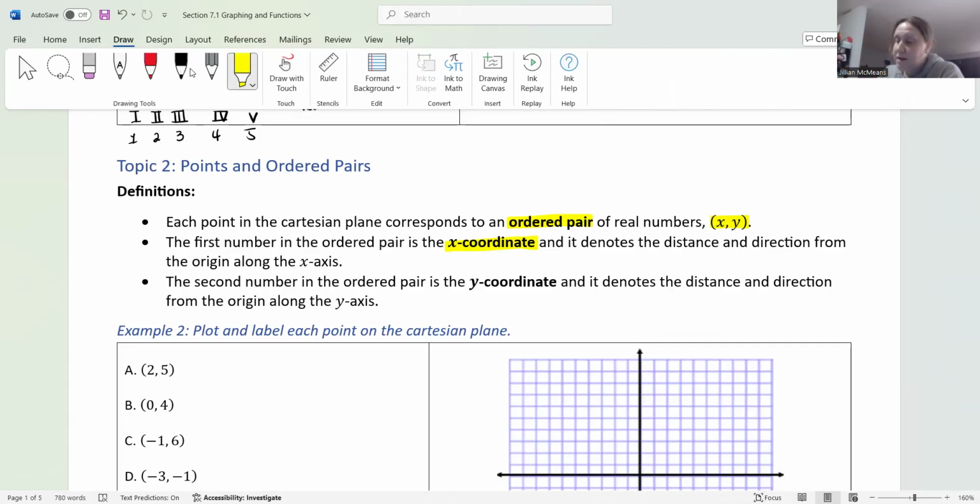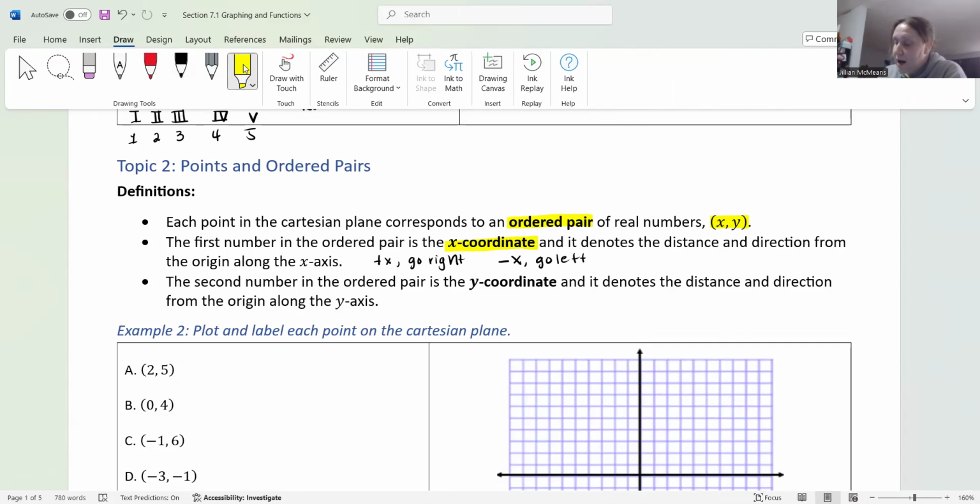So what that means is if x is positive, we go to the right. If x is negative, we go to the left. And we go however many units it says. So for example, if x was -2, we would go to the left 2. If x was +7, we would go to the right 7.